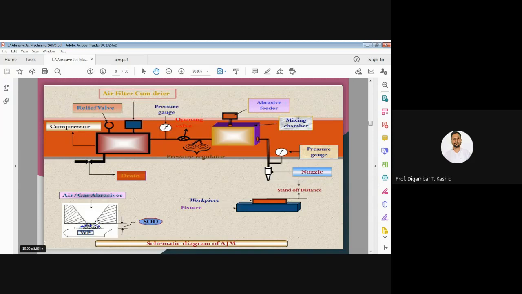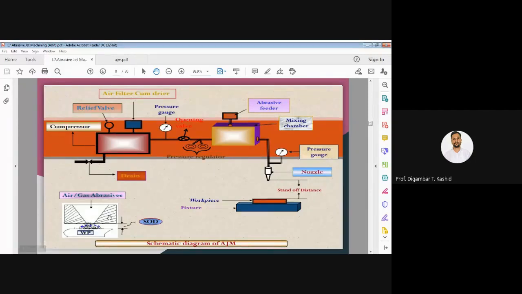When it hits this workpiece, at that time the erosion action will take place. Now, how is the erosion action going to take place? Due to the high kinetic energy of these abrasive particles, material will be removed from the workpiece material, and then you will get the cavity or the machined surface.